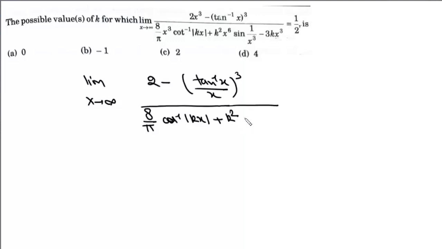Now sine 1 by x cube, and here we have x cube, which we are going to write as 1 by x cube, and here it is minus 3k, and it is equal to 1 by 2.